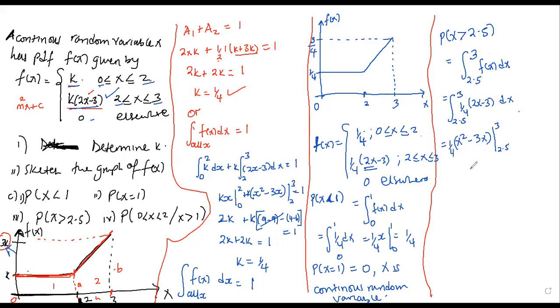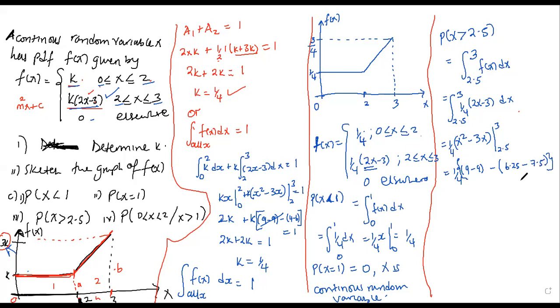When you put 3, we get 0. A quarter of 9 minus 9, minus the lower limit, which is 2.5 squared, you get 6.25, minus 3 times 2.5, you get 7.5.